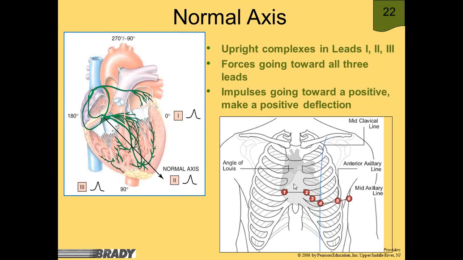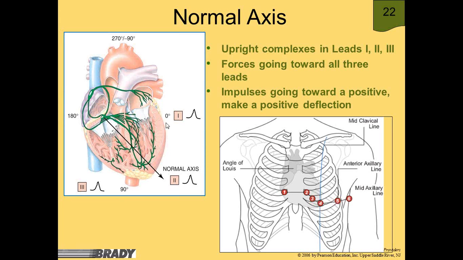Now, based on how this heart sits in the chest where our leads are, you can see when the impulses leave the SA node up here, they come down through the atrium, they hit the AV node, and then they come down to this apex of the heart in the ventricles. So because this is coming downward, it's moving towards those leads. So it's moving towards a positive lead.